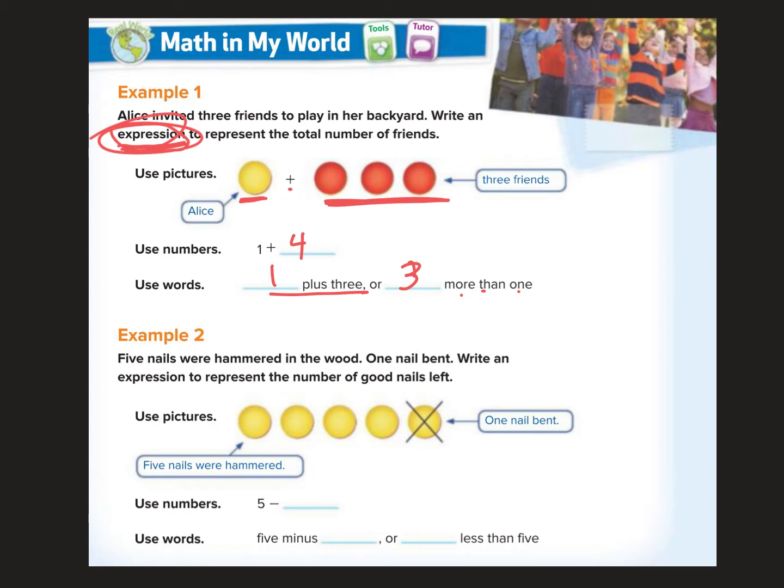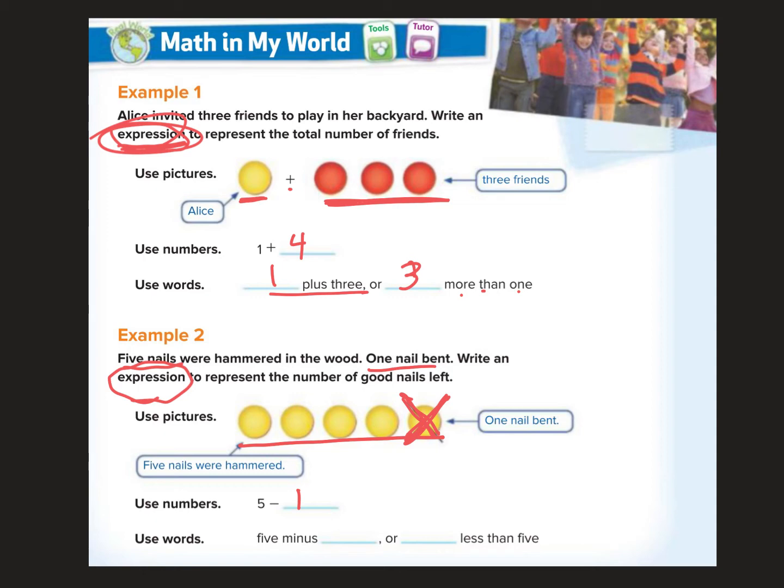Okay, next. Example 2. 5 nails were hammered on the wood, but 1 nail bent. Write an expression to represent the number of good nails left. Okay, so 5 nails were hammered in, 1 nail bent, so that's not a good nail. So I should say 5 minus 1, if I was going to write it in numbers.